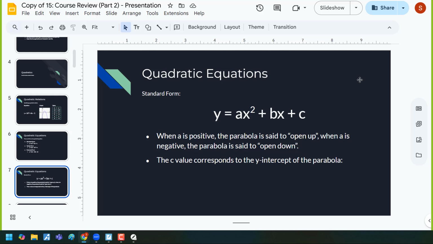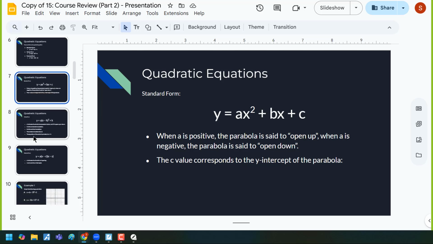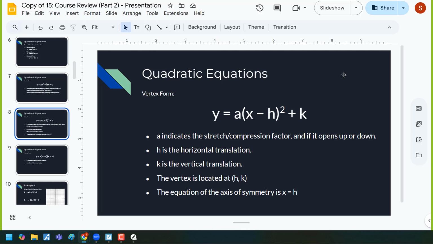So we know one given point on this parabola, and that point is the y-intercept when it's written in standard form. And that's it for standard form. As for vertex form, we know a few pieces of information. We know that a indicates the stretch or compression factor of the parabola. Also, it's the same as the previous a value. Whether it's positive or negative, we know if it opens up or down.